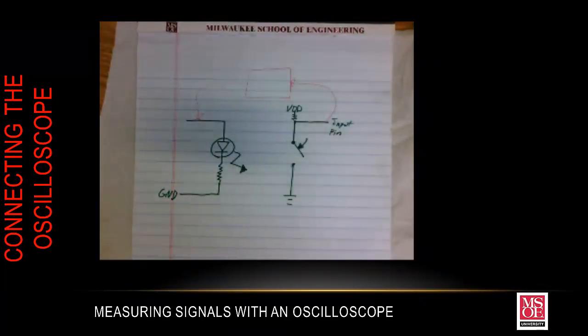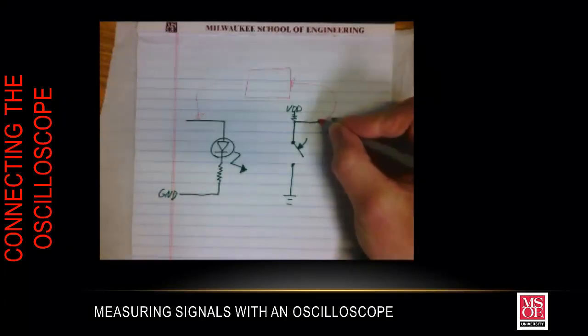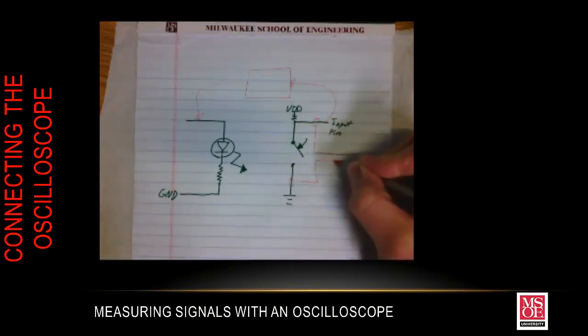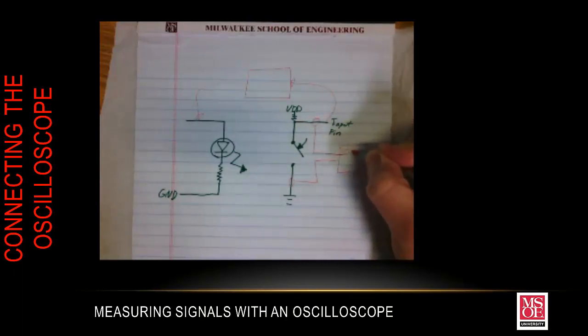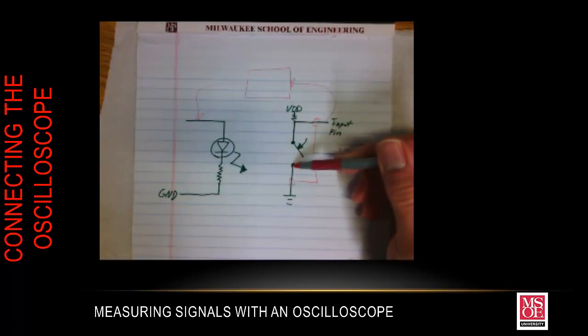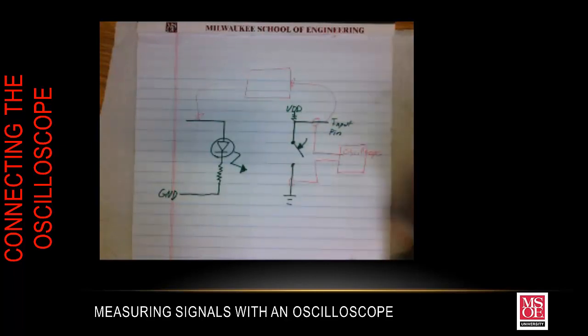If I would like to figure out these times, what I can do is attach my oscilloscope to here and here, like so, and I'll be able to see when this signal on this input pin goes from VDD, which is our high voltage or logic high, to a logic low when it is grounded by the switch closing.